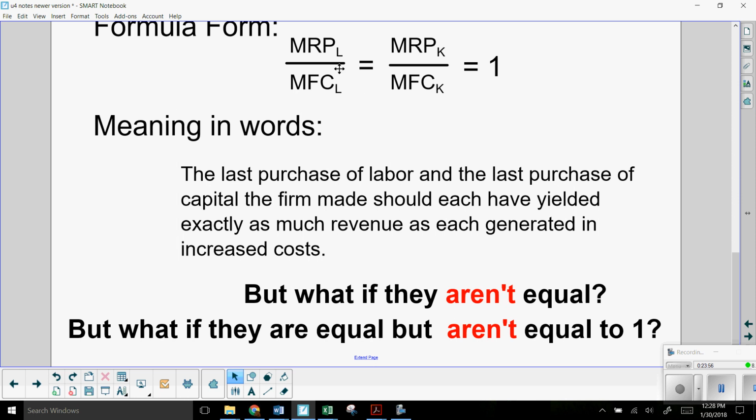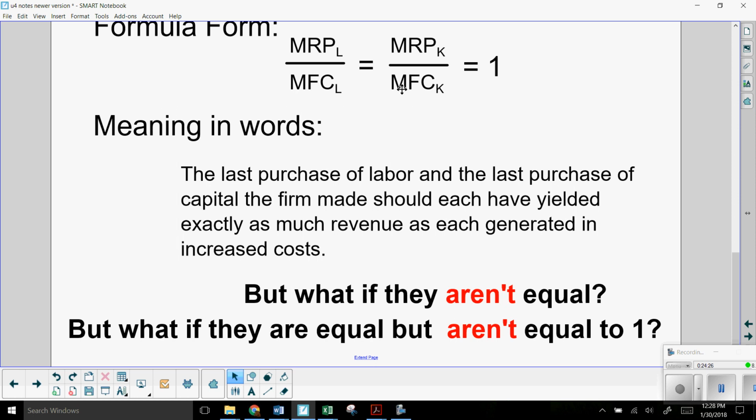What if those two are equal, but they're both greater than 1? Or I suppose both less than 1. If they're equal and they're both greater than 1, what that tells you is that the last dollar the firm spent on labor yielded more than $1 in added revenue. Well, that's great, but probably the firm should have bought even more labor. And if that's true also of capital, that pretty much tells you the firm should have bought more labor and more capital.